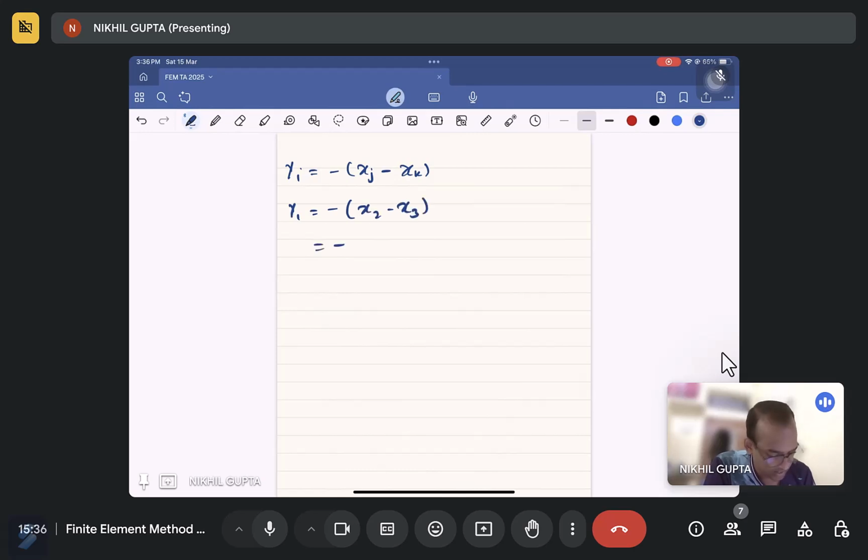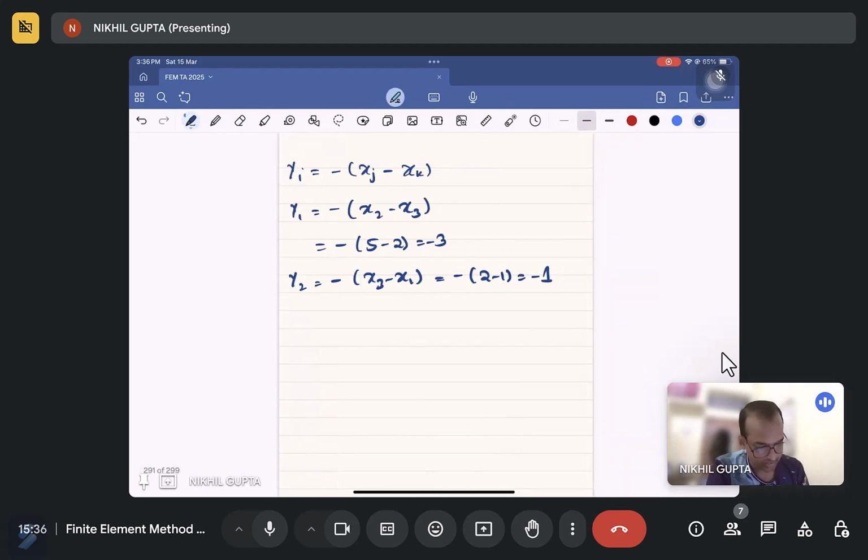We're using the coordinate system I have shown you in the previous slide. It's 5 minus 2, which is 3, so with the minus sign it is minus 3. Now gamma 2 will be minus of x3 minus x1. When you substitute, you will get minus of 2 minus 1, which is minus 1. Okay, now you have all the things to get your answer.